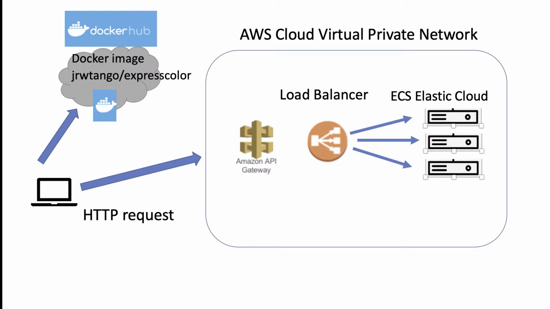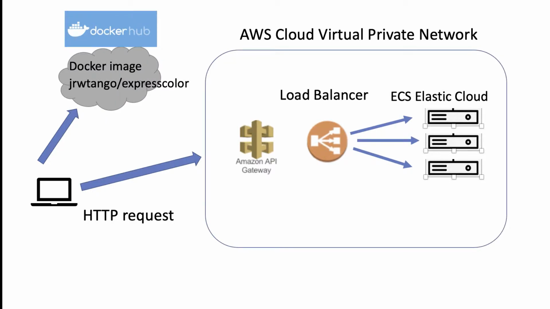My name in DockerHub is JRW Tango, and this image is going to be called Express Color. And then what we're going to do is we're going to move it from the cloud to machines. We're going to spin up an elastic cloud, so the ECS, with 3 machines.